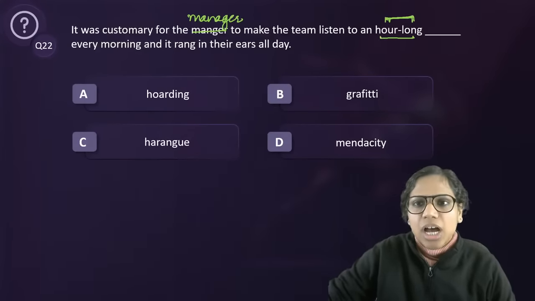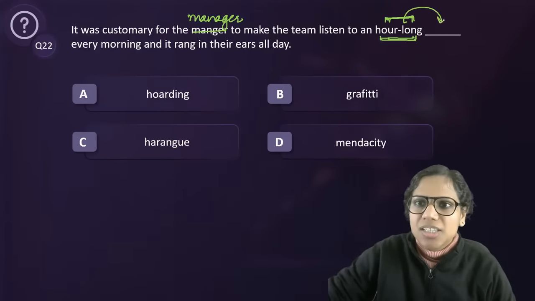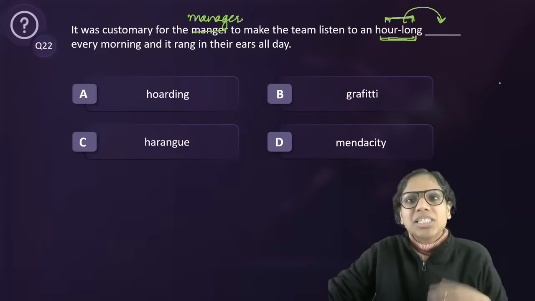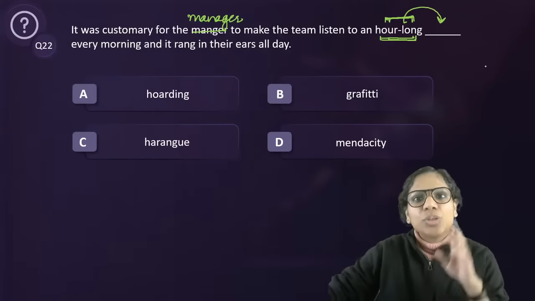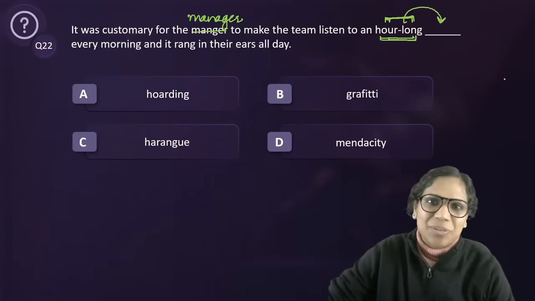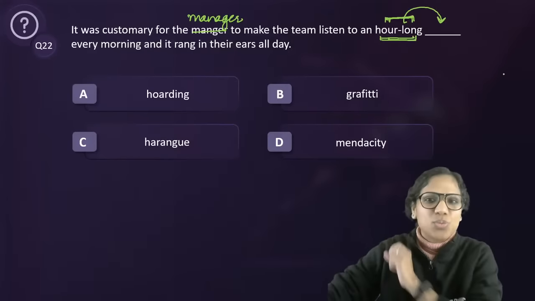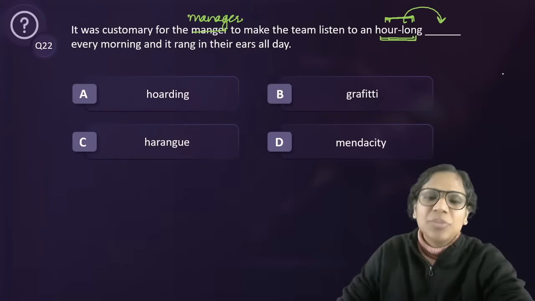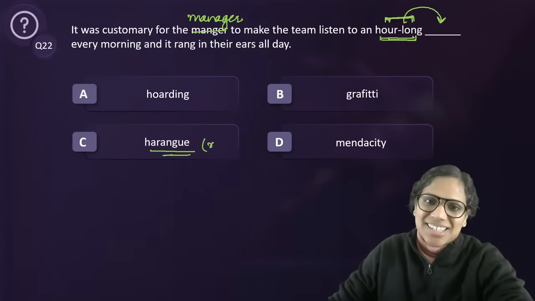I wanted to show that hour long, both the words together, are describing this one word. So I've created a compound word here. Compound words sometimes become so common that we then delete the hyphen from between them, and they just become one word altogether. But of course, hour long is not one of them. Harangue is the answer. Very good.